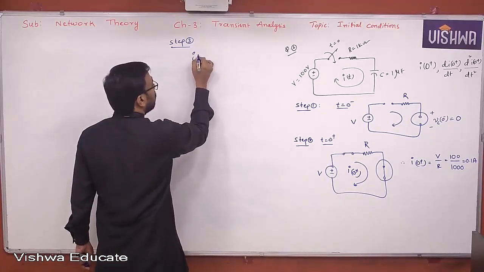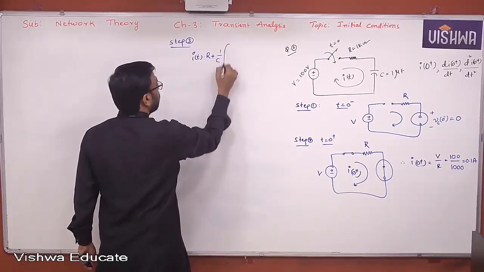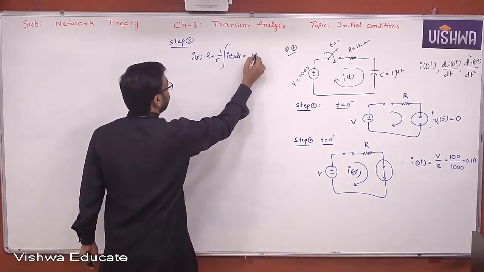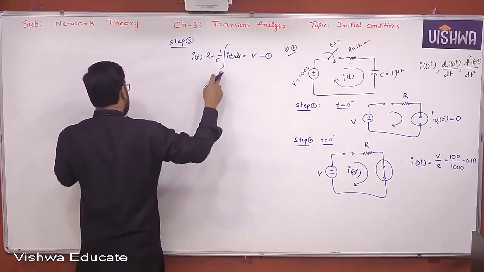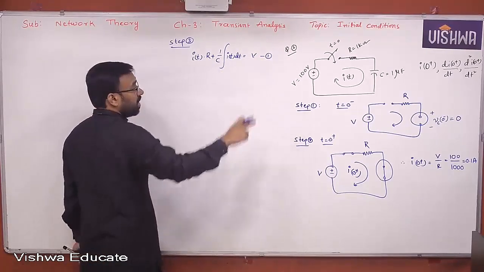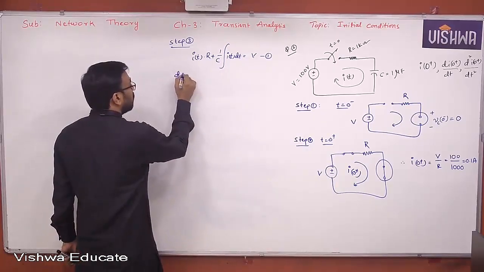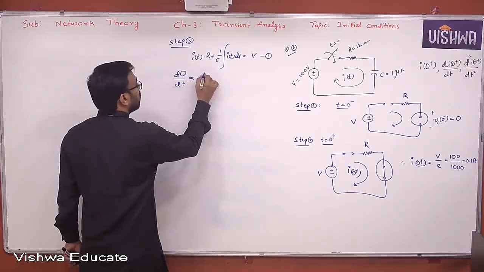I of t into R plus 1 by C integral I of t dt is equal to V. Equation 1. Since you do not have your desired term di of t by dt, let us differentiate equation 1 with respect to t. What will you get?